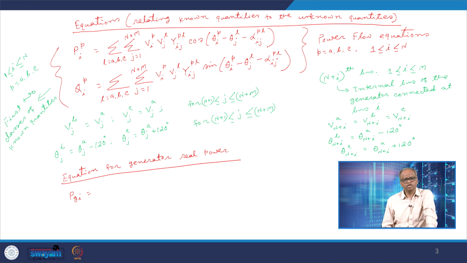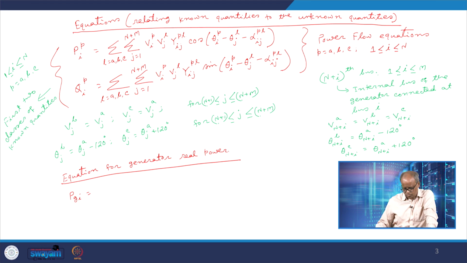So, when we have considered the generator internal bus, mentally we are actually shifting the generator from the original bus to its internal bus.